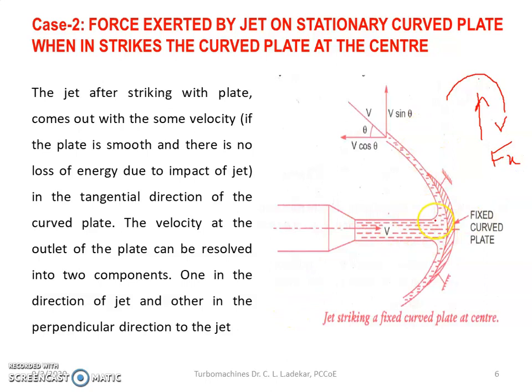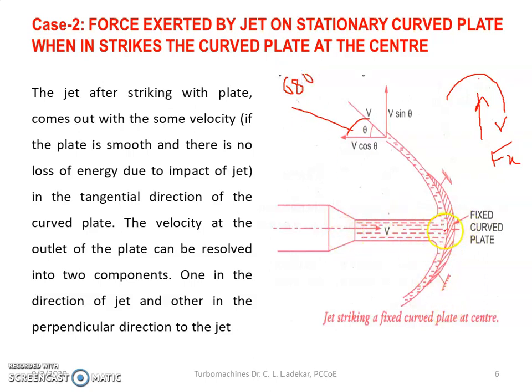The jet moves over the plate and comes out in the direction of the plate. So this is the angle theta. You will be given the angle of curvature of the hemispherical plate. In this case, theta is around 68 degrees.